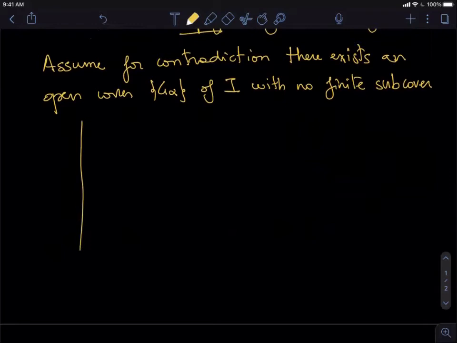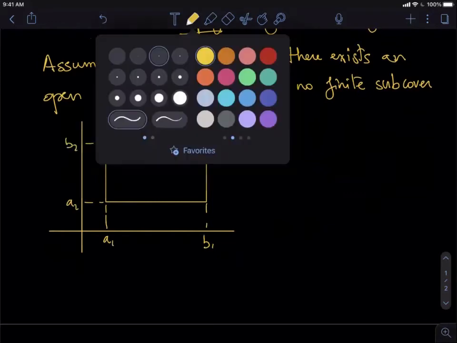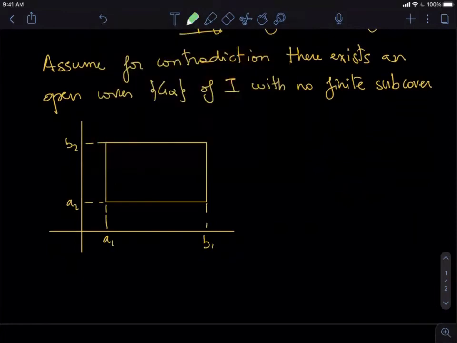So what do we do? Let me do another picture of the K cell. There we go. So this is a1, this is b1, a2, and b2. What we are going to do, let me give the geometric idea.